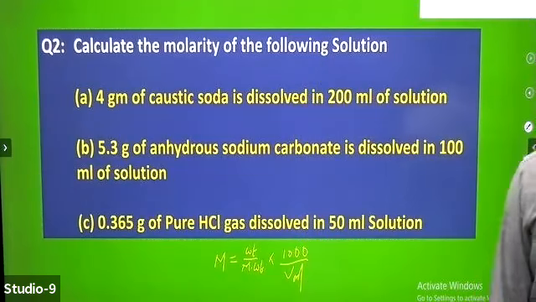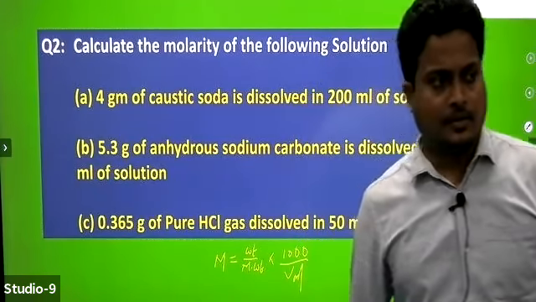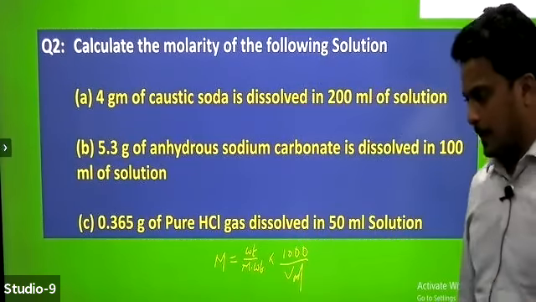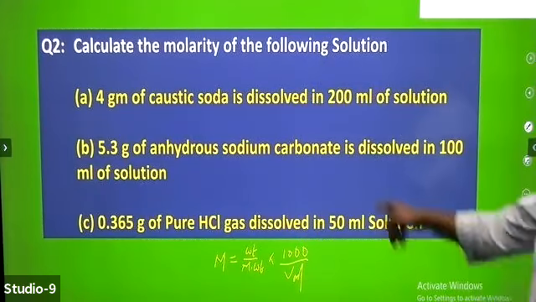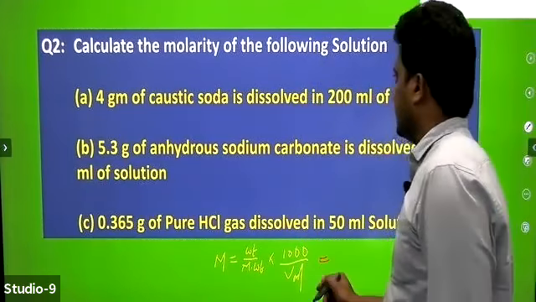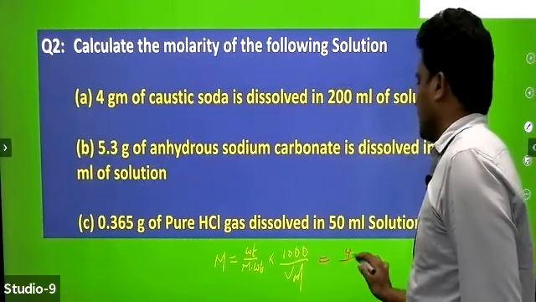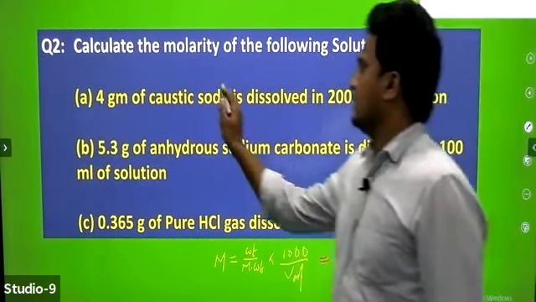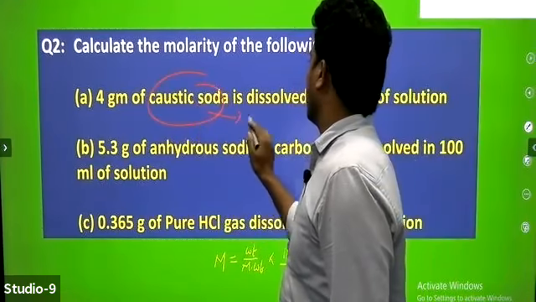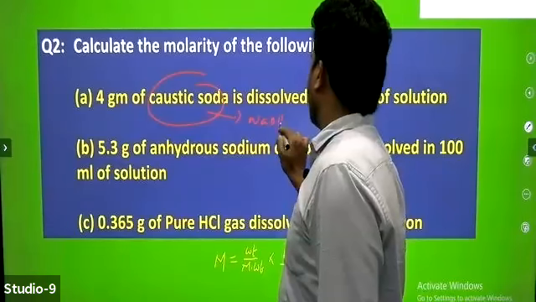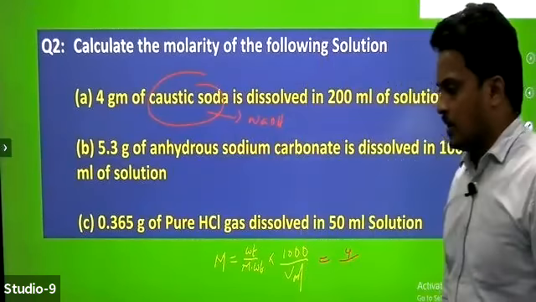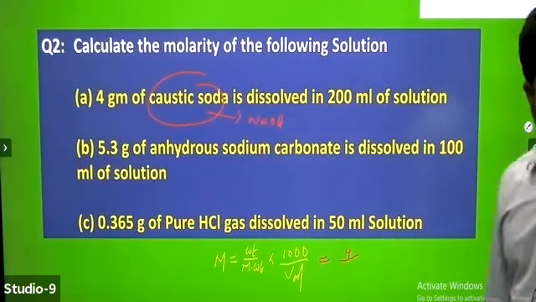What do you get? 0.5. 200 ml, right? So what is weight? 4 grams. Molecular weight of sodium hydroxide, caustic soda, nothing but sodium hydroxide.